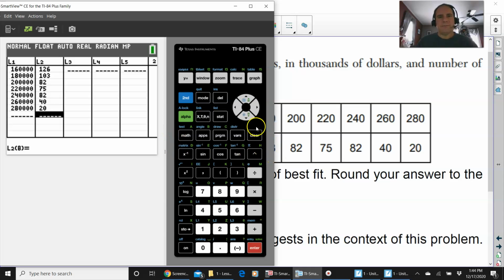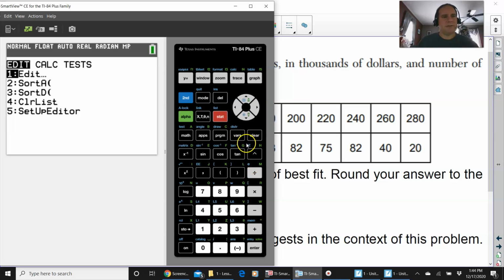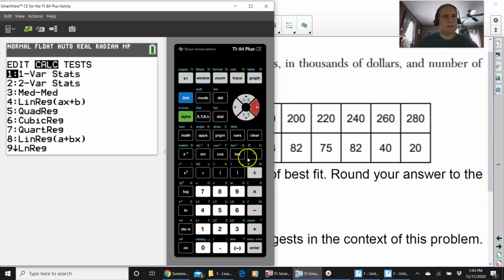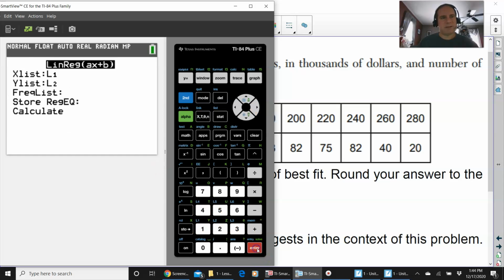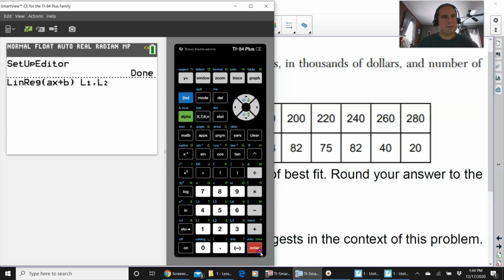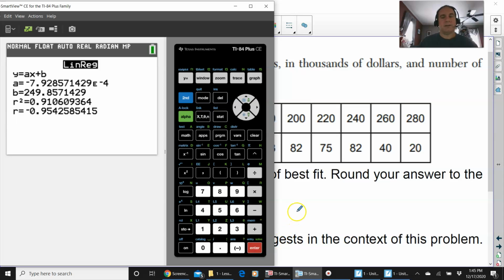All right, so now you could press Stat, and you could press Calc. Go down to 4 for linear regression and press Enter 5 times, and you have your correlation coefficient. You also have the slope and then the y-intercept, but they're not asking for that in this question.